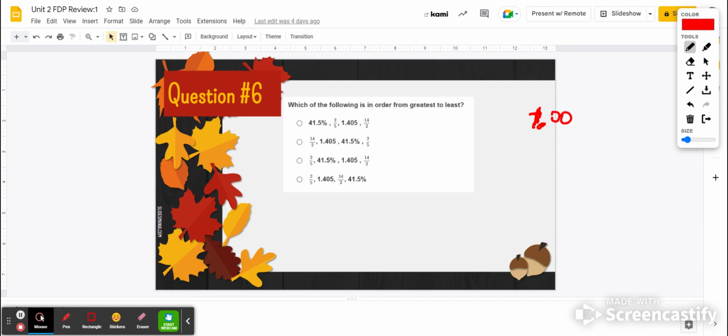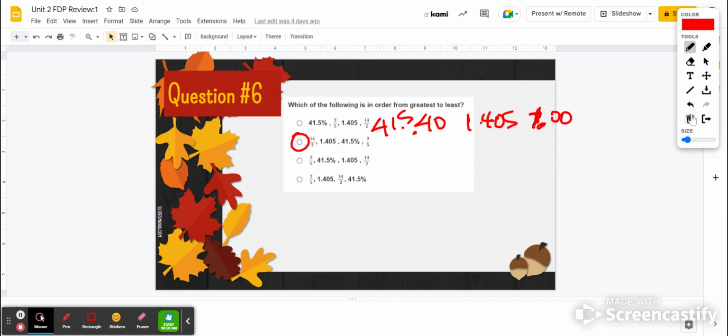Then I have 1 and 405ths. 2/5 we know is 40%, or we move that decimal 2 places. And then we have 41.5. So going from greatest to least, I know that I am starting with 14 over 2, because that's my biggest number. Now, did I really need to go any further? No, but here we are.